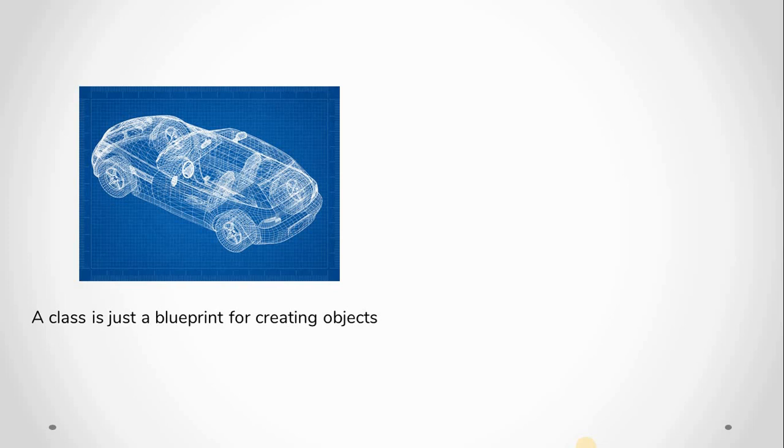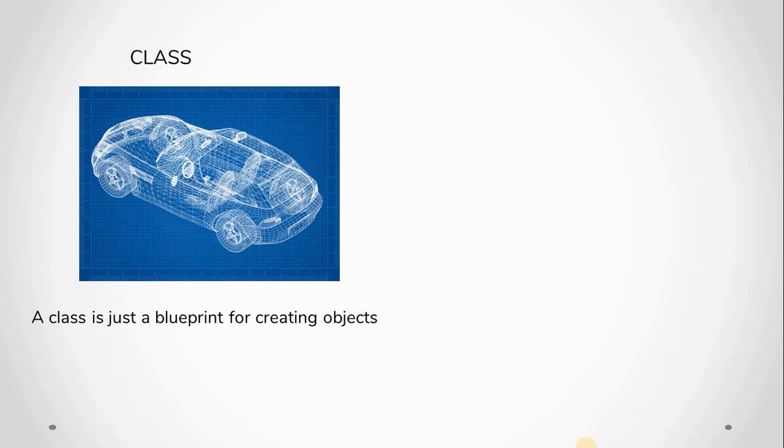Now guys, what are classes? A class is just a blueprint for creating objects. I'll give you a quick example like this. This is a quick example of a car blueprint, and this is a blueprint of a car, so we call it a class, right?